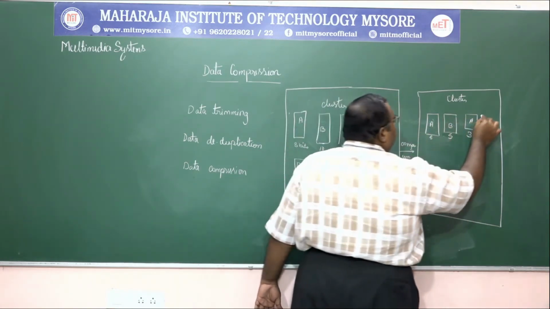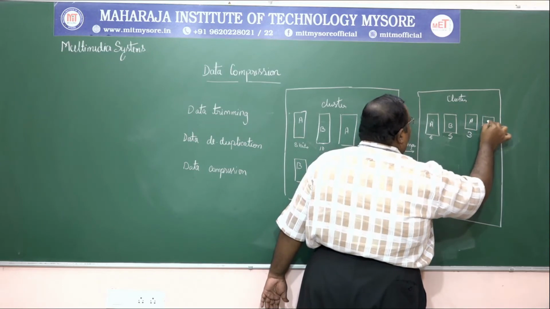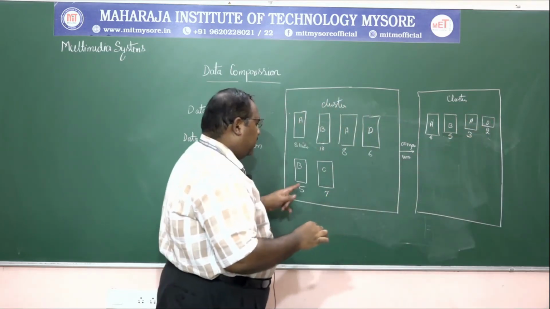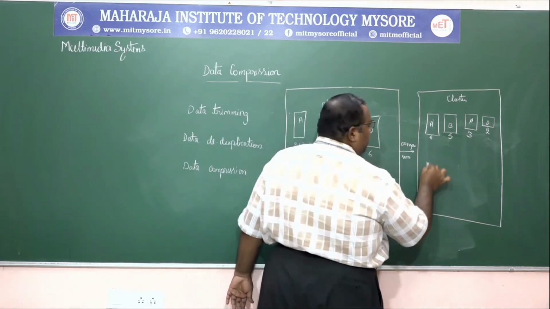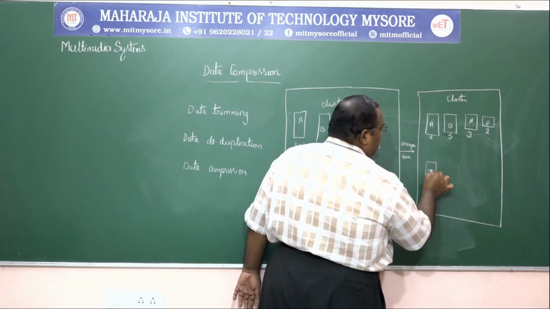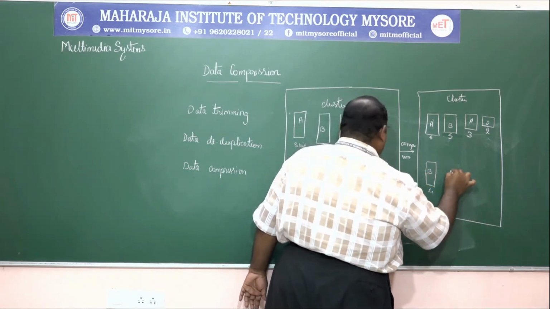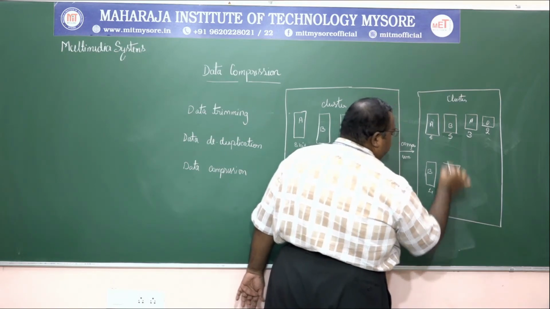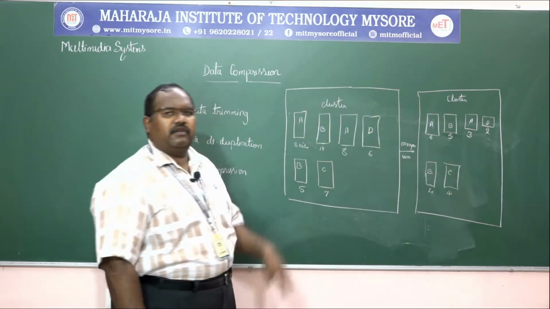Again D, which was using 6, might have reduced to 2 bits of information. Again here file B, which was using around 5 bits, might have reduced to 4, and finally the C file that was using 7 might have reduced to 4 bits. So look at the difference here.